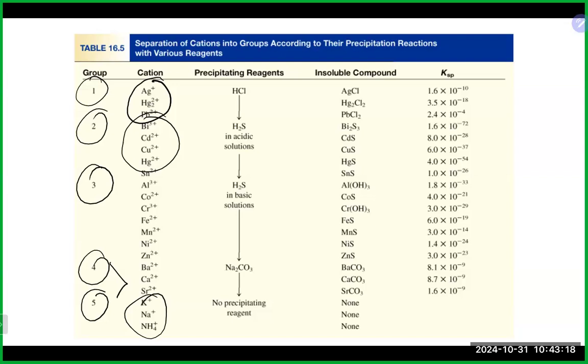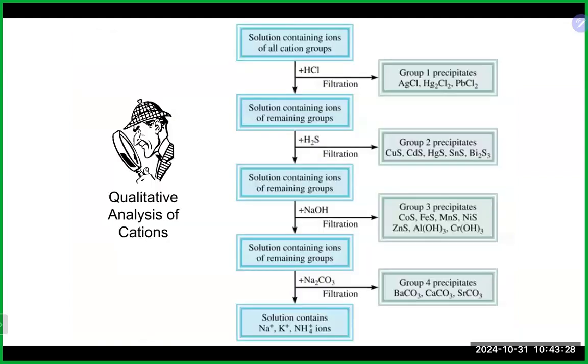And what happens when you do these experiments is at that point, there's not a lot of things that you could add to get them to precipitate out, so you'd do something like a flame test to verify, and you'll be able to predict what ions were in the solution. Now, each of these groups actually has a specific reagent that will precipitate it out. So typically, if you had group 1, you would hit it with HCl.